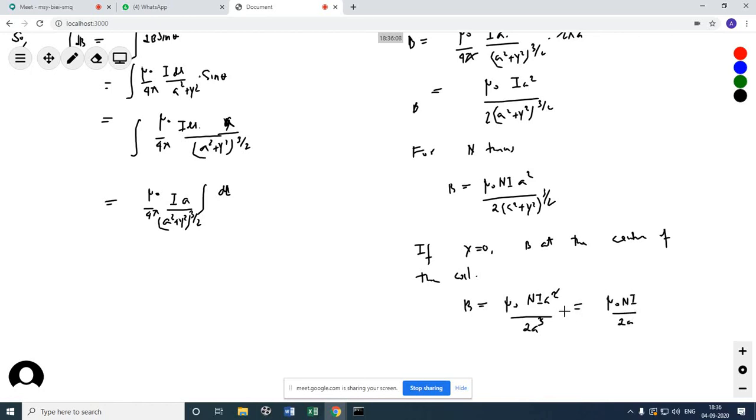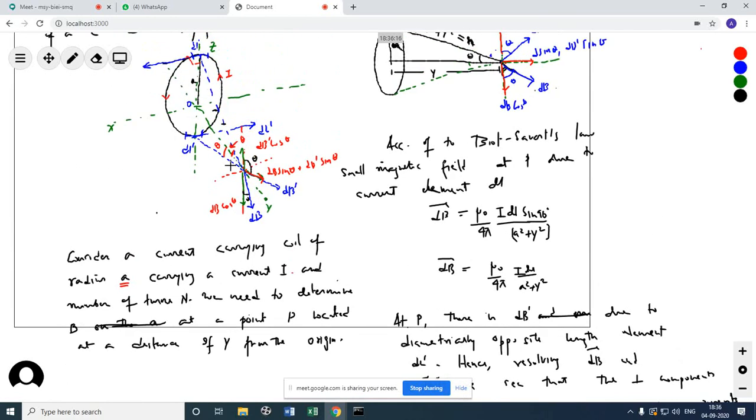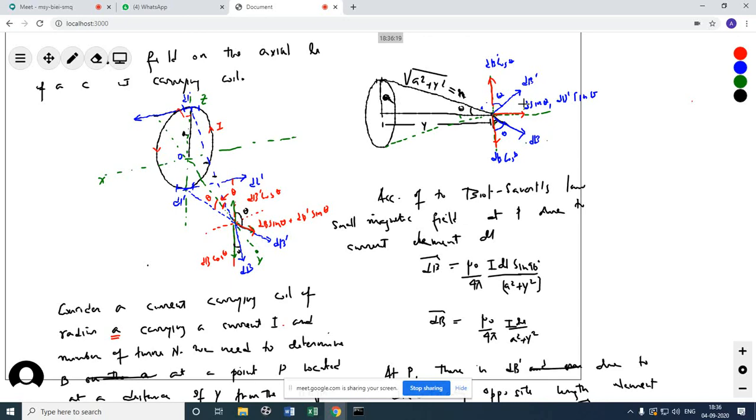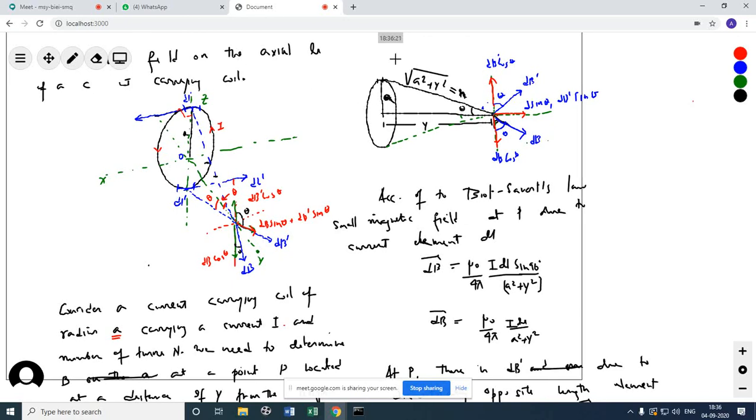So the total magnetic field B would be now mu naught by 4 pi I into a divided by a square plus y square to the power 3 by 2, into 2 pi a. That gives me 2 pi getting cancelled. So this is my relation: B equals mu naught I a square by 2 times a square plus y square to the power 3 by 2.